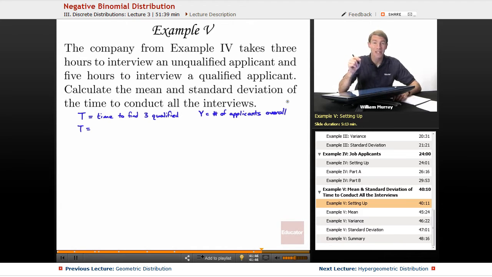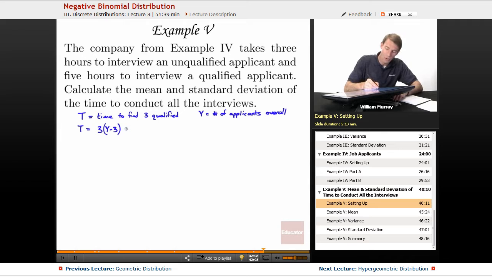What that means is if we talk to Y people total and there are 3 good ones, then there are Y minus 3 bad ones. And each one of those bad people, each one of those unqualified bums, is going to take us 3 hours to talk to. So 3 times Y minus 3, that's how much time we spend talking to people who are unqualified.